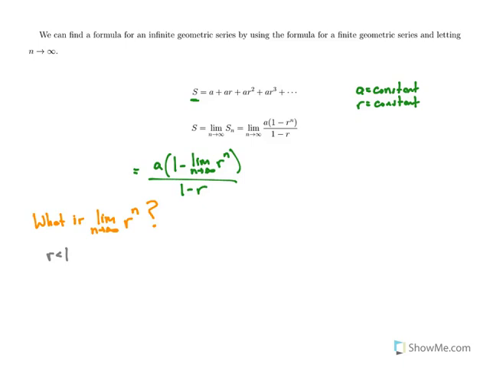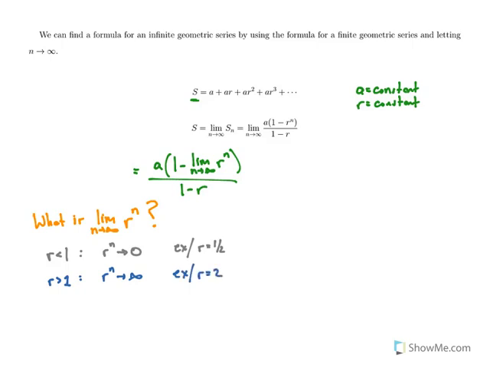If R is less than 1, then R to the n is going to go to 0. The terms are going to get smaller and smaller if we take them to bigger powers. Think, for example, R equal to 1/2. If R is bigger than 1, then this thing is going to blow up to infinity.